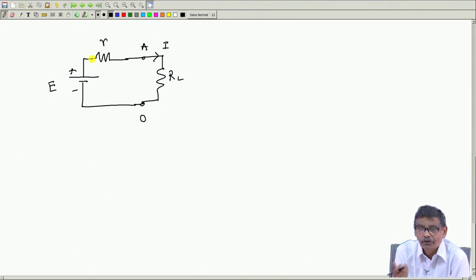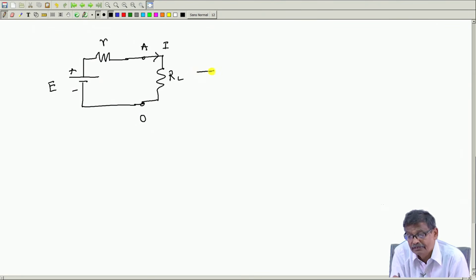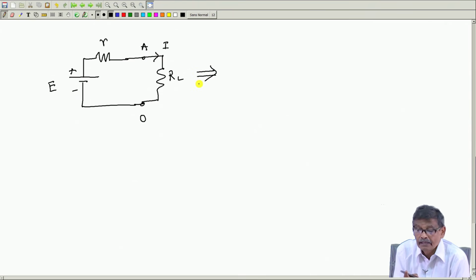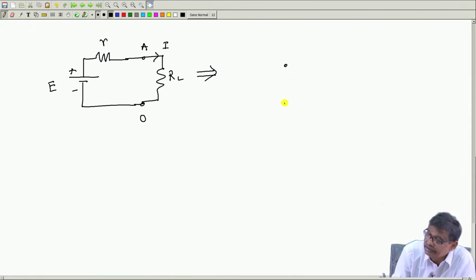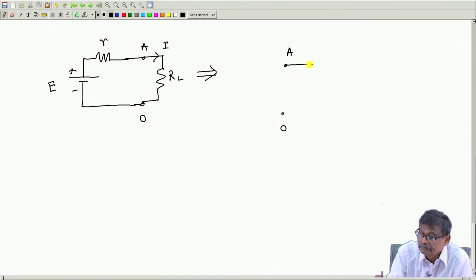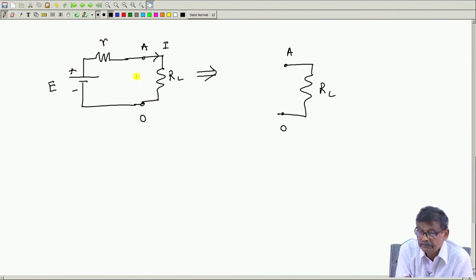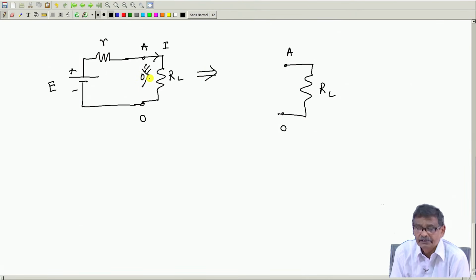But perhaps somebody thought it to look at it from different angle. He says that, oh, you are solving this circuit. Between A and O, here is your RL, you are looking into this circuit, and you know it is a battery in series with resistance.